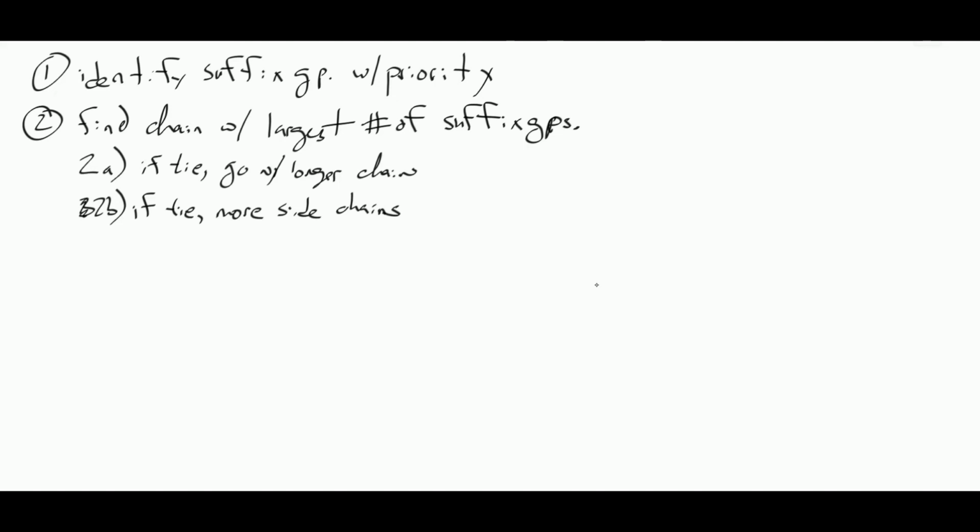Okay. So if you have 2 or 3 or 4 possible chains with the largest number of suffix groups, go with the longest possible chain. If you still have a tie, if you have multiple chains with that number of suffix groups that are the same length, you want the larger number of side chains. If it's still a tie, break down and cry.